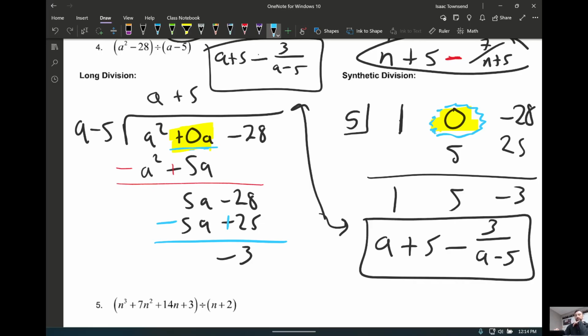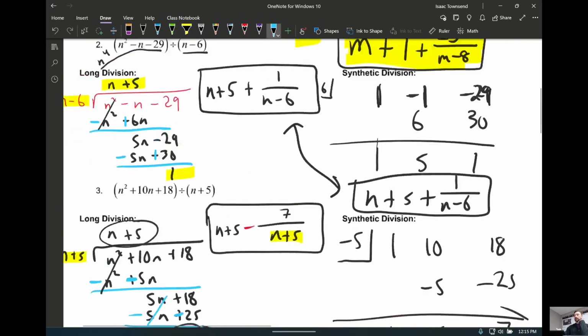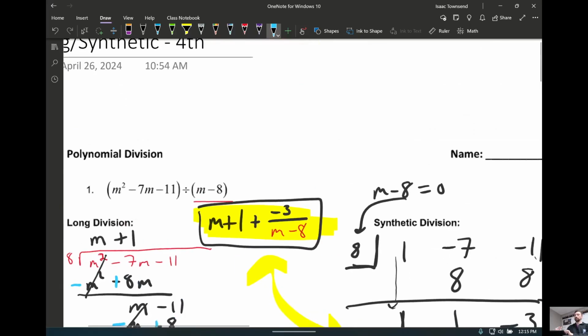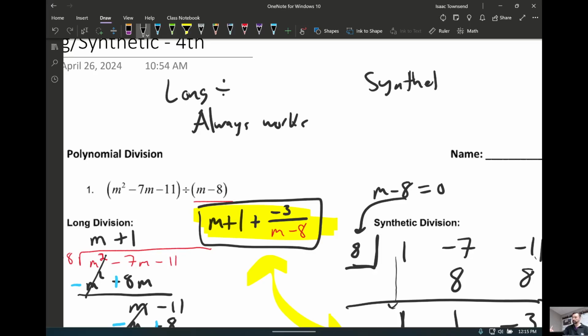But before we put this away, again, probably makes sense at the top of your paper. Again, this is not like just do whichever one you feel like. It depends. You need to know that long division always works, whereas synthetic, as much as you may hope that it always works, it only works when you're dividing by, I'm going to say x, but it could be a different variable like n.